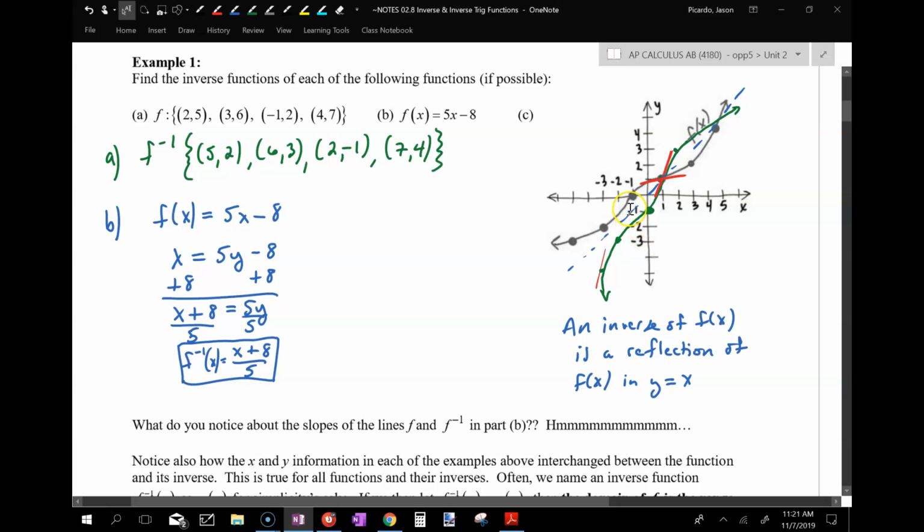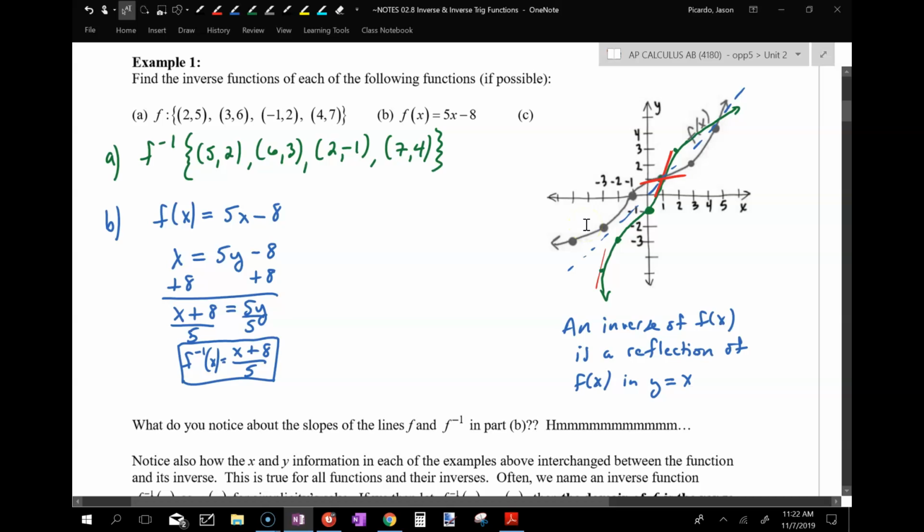What do you think? They're what? Flip. The reciprocals. Yeah, they're actually reciprocals. So if the slope of this was like 4, the slope of this would be like 1/4. If the slope here was 2/3, the slope here would be 3/2.